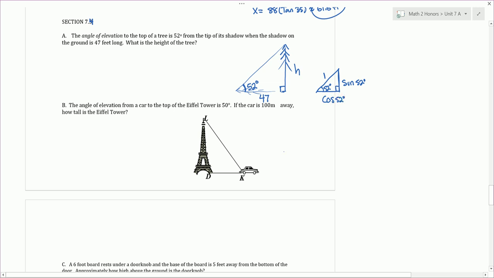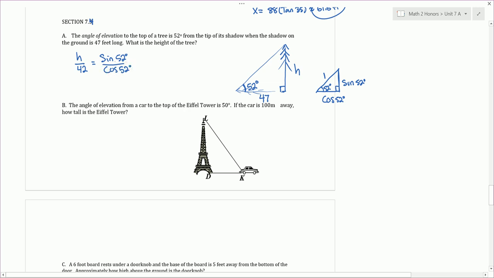And now I'm going to set up a proportion. 47 over, well, h over 47, coming from the diagram that we made, would be proportional to sine of 52 over the cosine of 52.